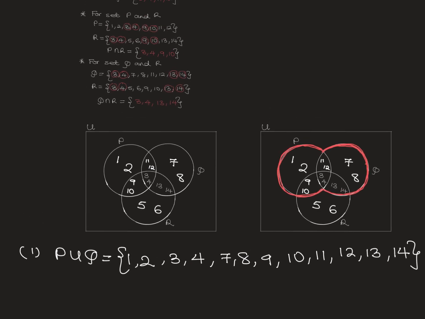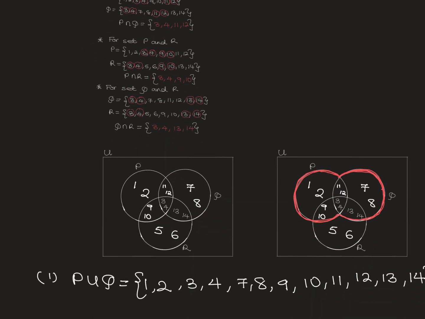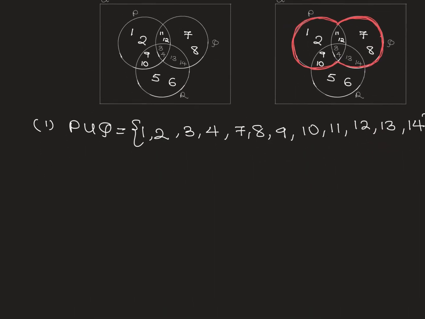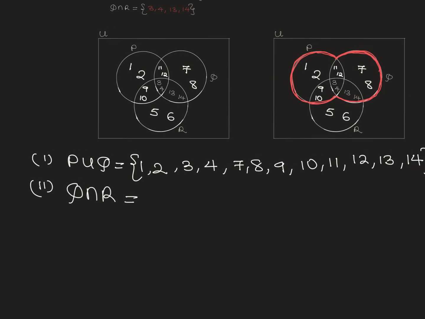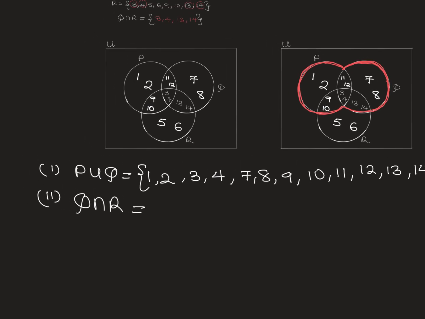Moving to question 2: Q intersection R. So where is Q intersection R?